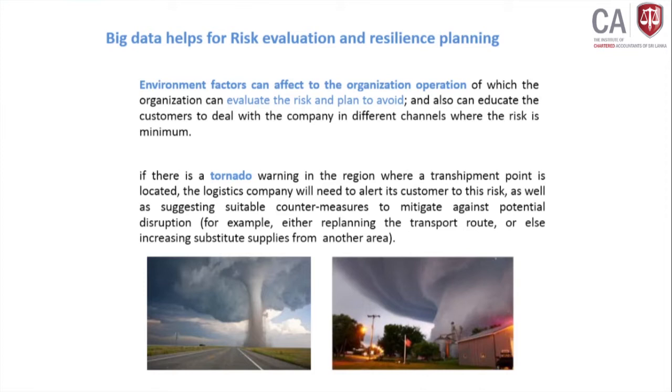Now if there is a tsunami coming, that alert will come to the people, and if there is a cyclone, and due to environmental factors, there can be so many issues coming. So those can be identified beforehand. So then you can avoid having such risk. So before this tornado goes into an area, you can leave that area.